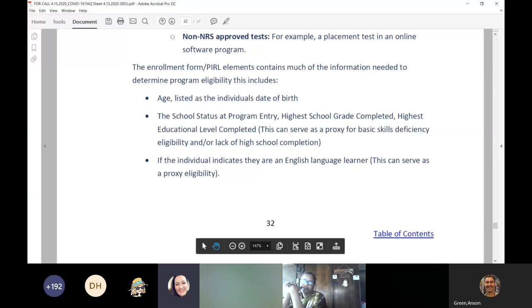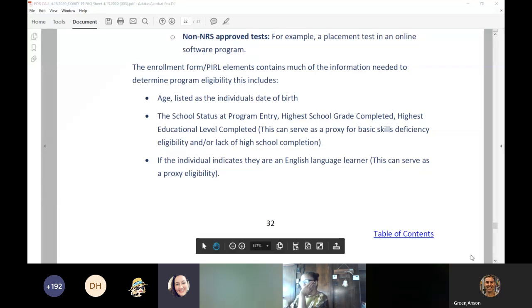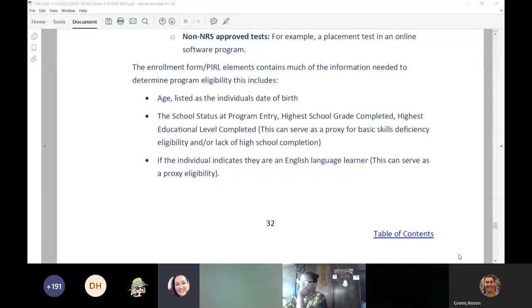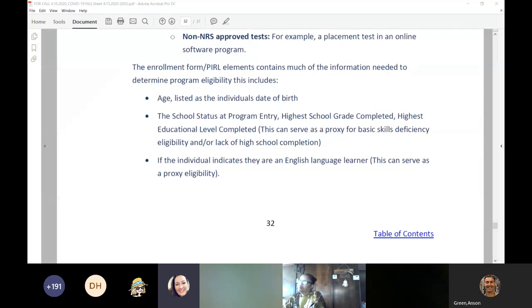There are a lot of other non-NRS approved tests out there that you could provide to an individual remotely or online, get those test results and feel safe that that person would be in this bucket of basic skills deficient. So even though we may not be able to utilize that as a true baseline when we're talking about performance purposes, you certainly can use those as a staff determined eligibility tool in your process.